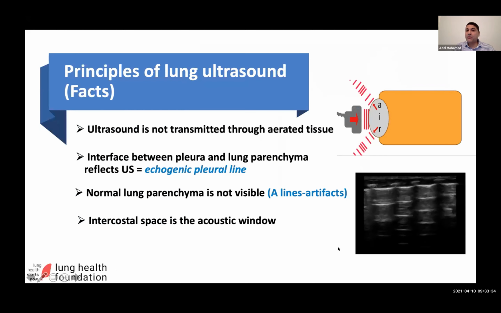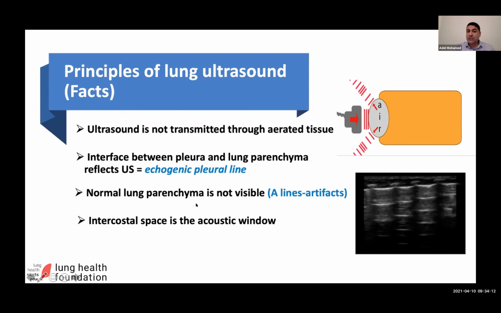So, a few principles or facts for lung ultrasound: ultrasound does not transmit through aerated tissue, period. And this is applicable anywhere, by the way, not only the lung. So if you are doing abdominal ultrasound and the baby has distended bowel, the same rule applies. The interface between the pleura and lung parenchyma, wherever there is an interface between a fluid-containing area and an air-containing area, always gives you a very echogenic bright line.